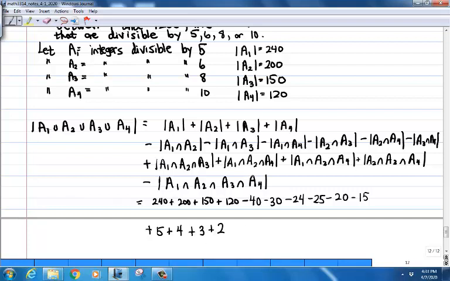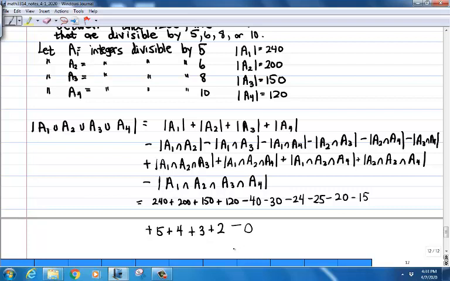And then finally, what do we subtract off here? Numbers divisible by all of these values, and I think that is 0. Nice.